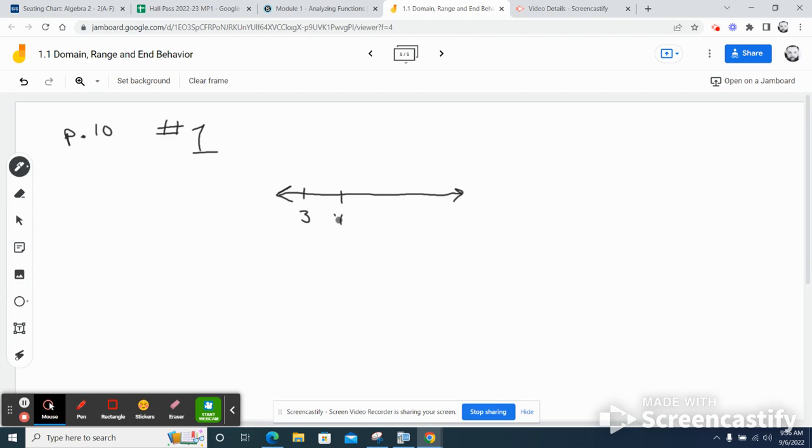You could just look at this in your textbook, but you'll want to write down the answer. And the number line looks like this. They have a closed circle here, and a big, thick line here.